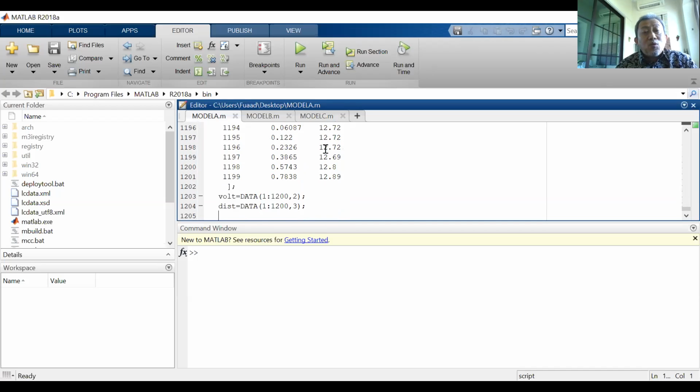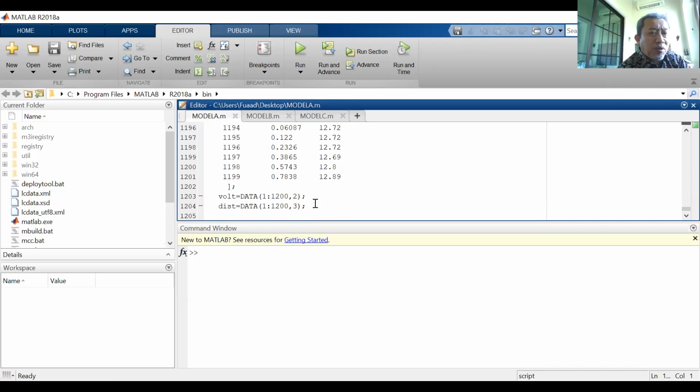Okay, so ada 1200. Tutup square bracket. Jadi data dia adalah volt, iaitu input pada kolom yang kedua, 1200 panjangnya. Dan distance-nya adalah kolom yang ketiga. Okay, sampling at 45 millisecond dan data dia 1200.